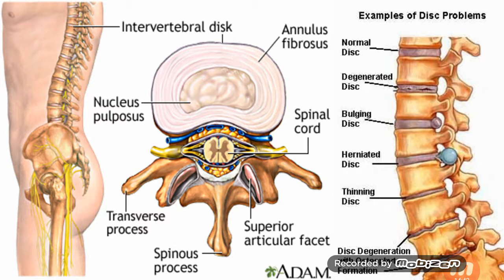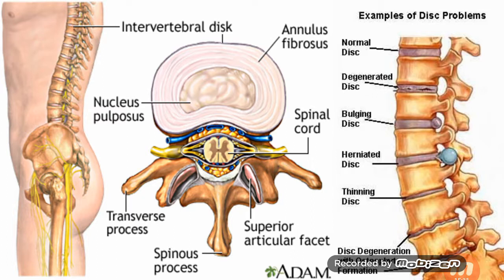In the diagram, you can see the problems of the discs. At the top, a disc is normal. At the second point, the disc has started degenerating. The third one is the bulging disc, which has been bulged out like a ball from one side.